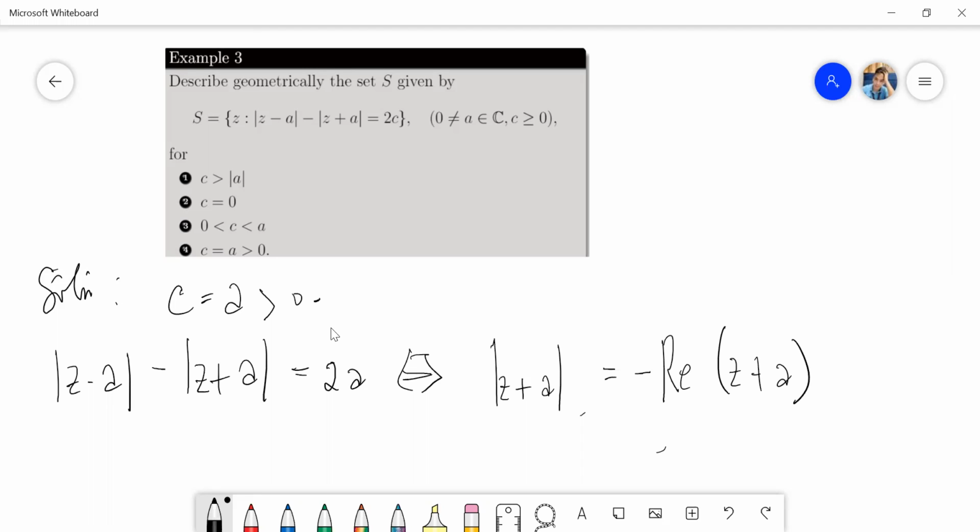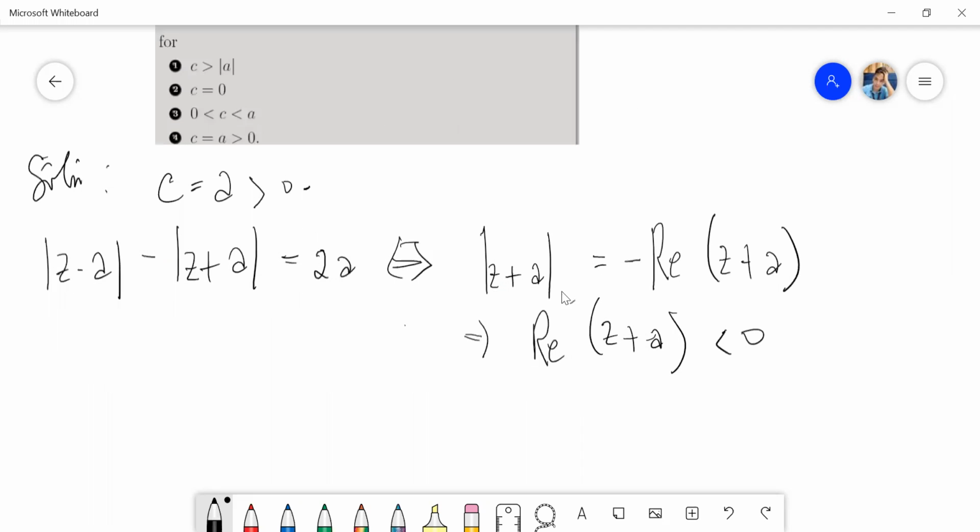And what is this? This would imply that the real image of z plus a is less than 0. Why? Because this is already positive, and if this is negative here, so this is pretty sure negative to make it all positive. So what does it mean?